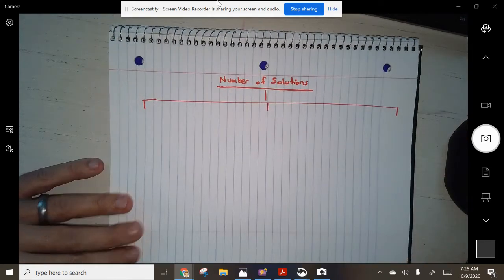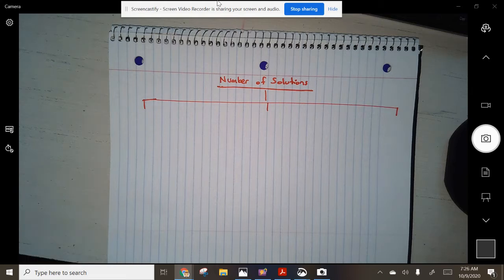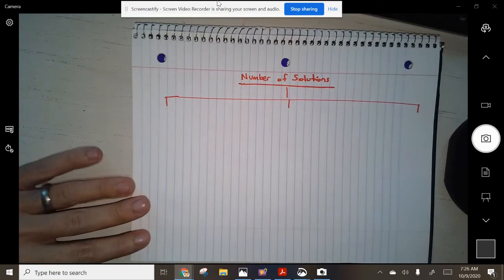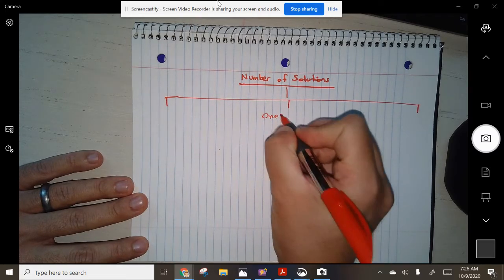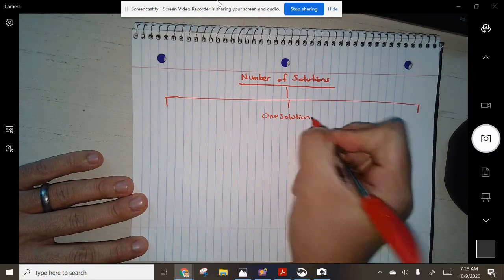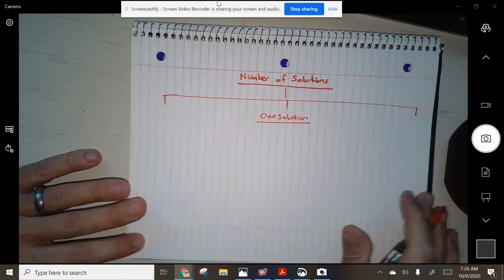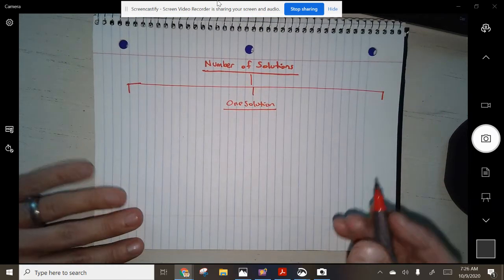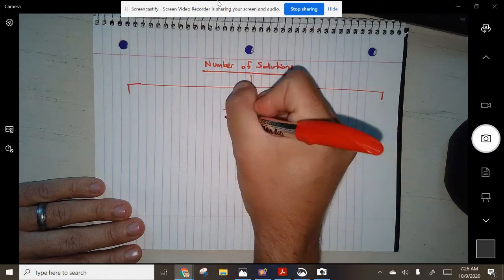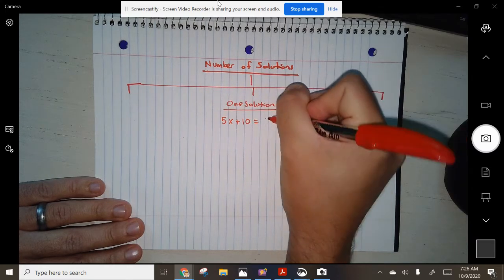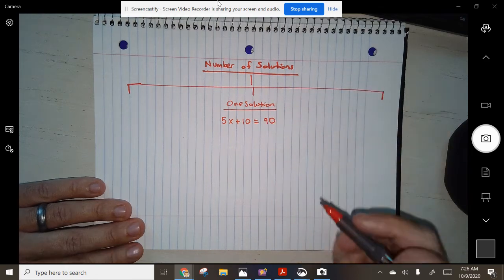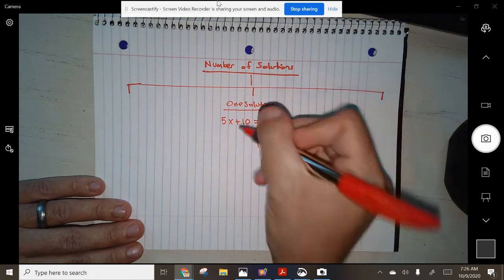Okay. Now, your first branch over here, I want you to realize it's going to be called, let's do one solution in the middle. And this is what we've been doing, where there's one answer. Okay. So let me just give you an example. If I said 5x plus 10 equals 90, all right, then you would solve your problem.